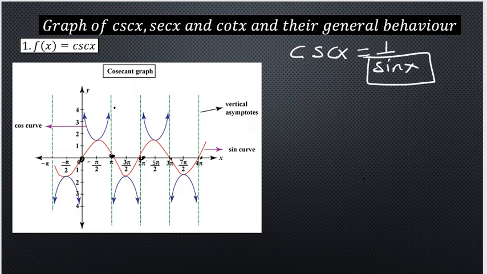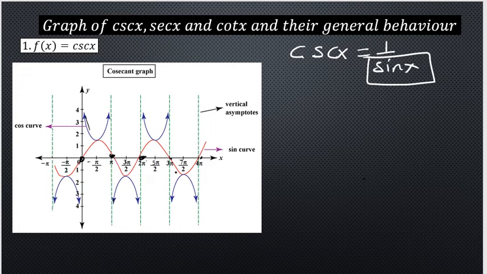So the graph of the cosecant function will never cross those vertical lines. How can you differentiate? Here the graph of the sine function is a downward parabola in this interval, but the graph of cosecant is going to be upward. In the second interval, from pi to 2 pi, the graph of the sine function is an upward parabola, but the graph of cosecant will be a downward parabola.